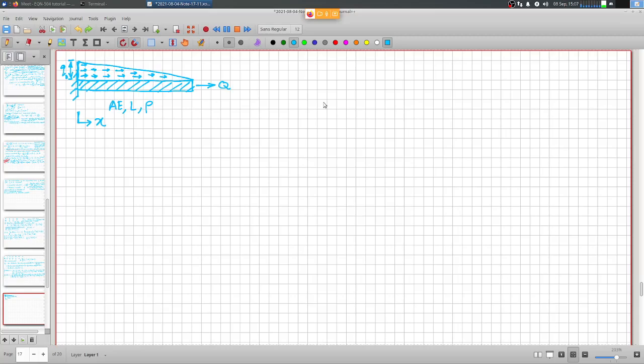In this case it is an end bearing pile. If you do not have this rigid support here, then it would be a free pile, purely friction pile. In this case it is end bearing as well as friction pile.